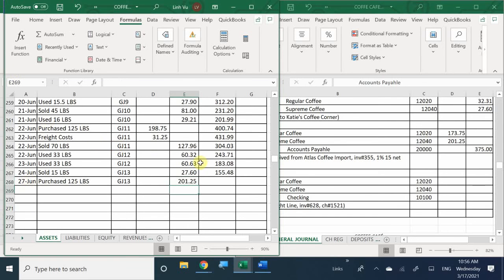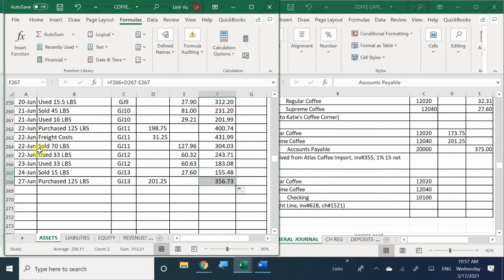So therefore, oop, wrong side. 201.25 for a grand total of ending balance, 356.73. Okay. So what's next?